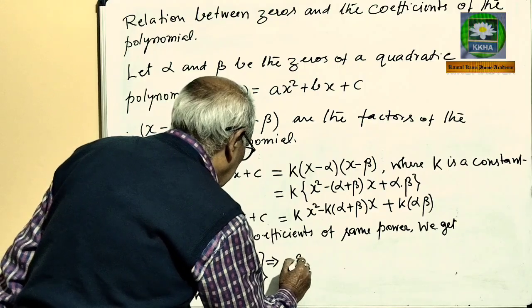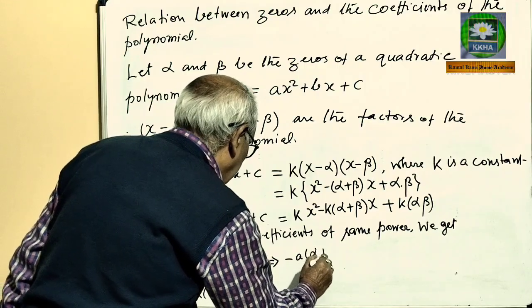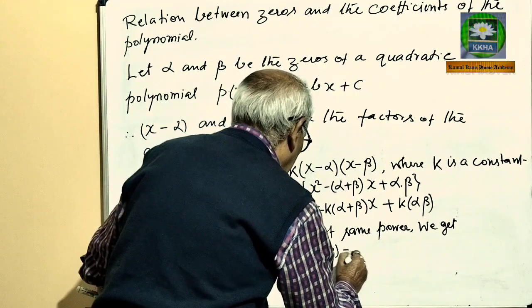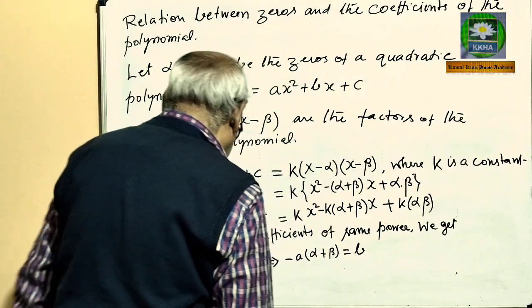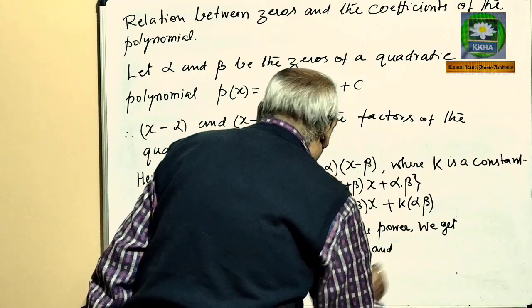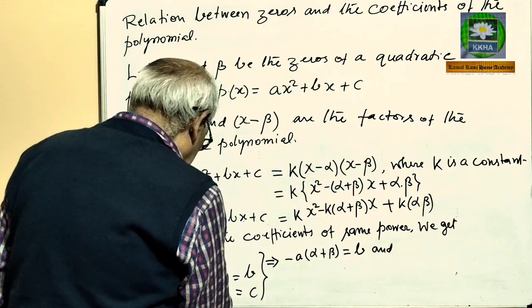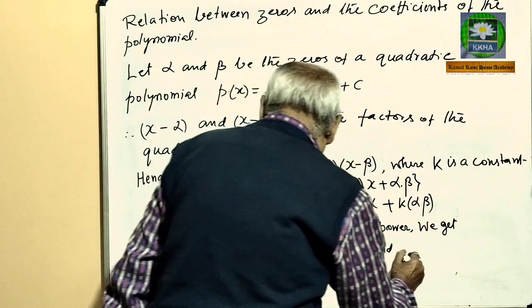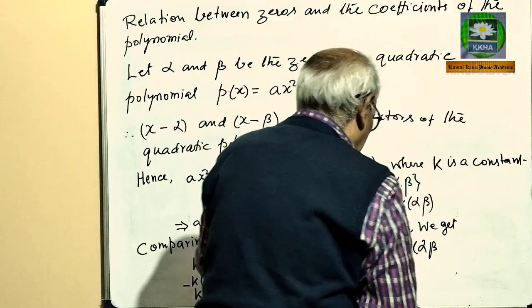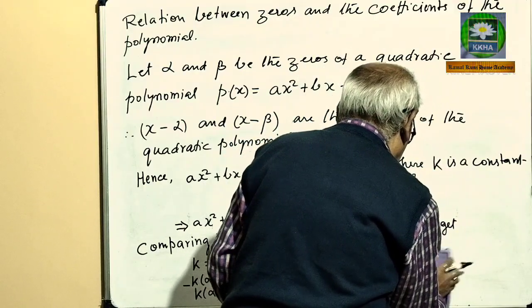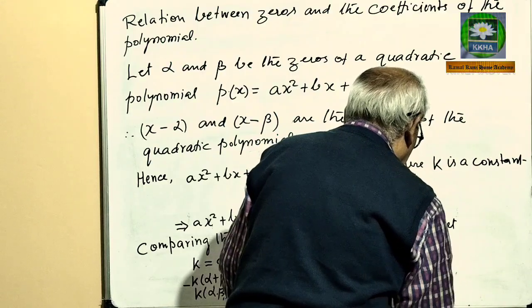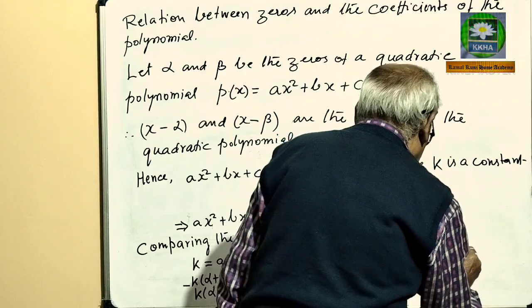So minus a into (alpha plus beta) equal to b, and replacing k here, a multiplied by alpha beta will be equal to c.